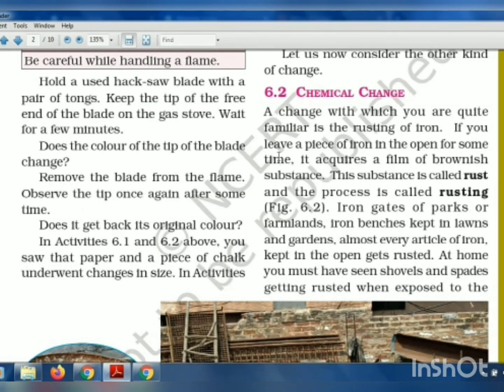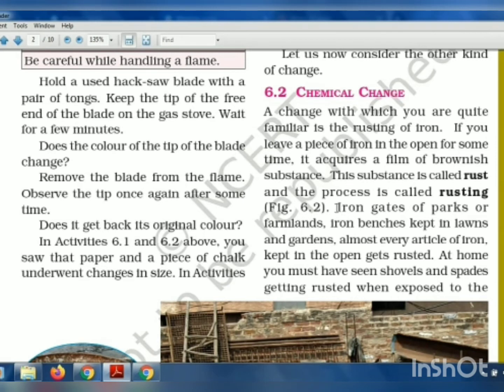So if you leave a piece of iron in the open for some time, it acquires a film of brownish substance. Yes, that rust is somewhat brown and reddish in color. This substance is called rust, and the process is called rusting. So the conversion of that metal into this brownish, dust-like substance is called rusting, and that brownish dust is called rust.